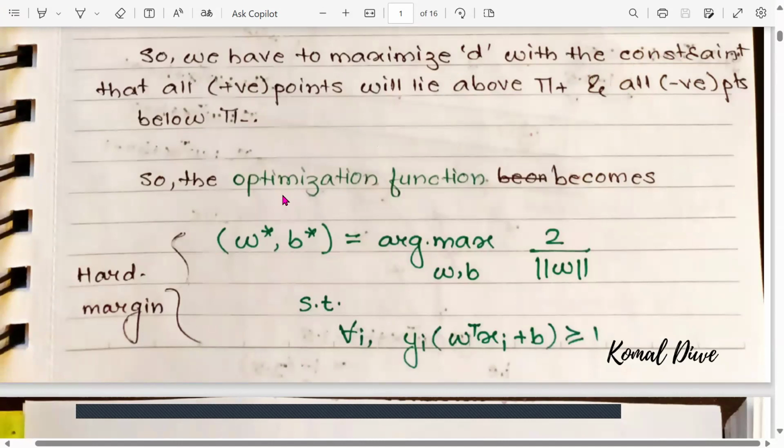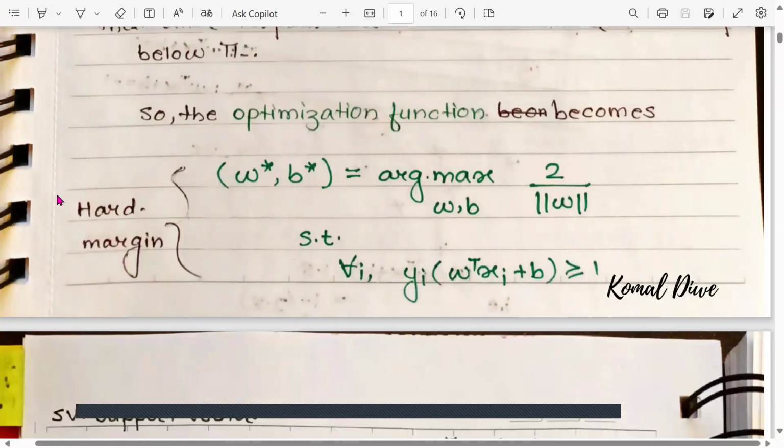So the optimization function becomes this hard margin. Yesterday we read about the hard margin, which is the ideal condition.